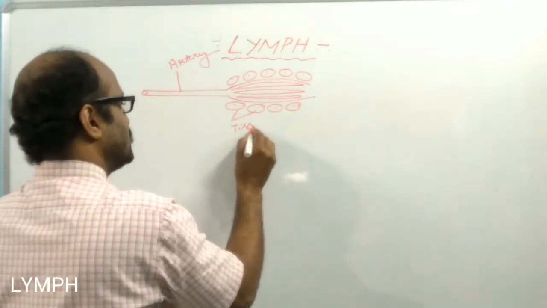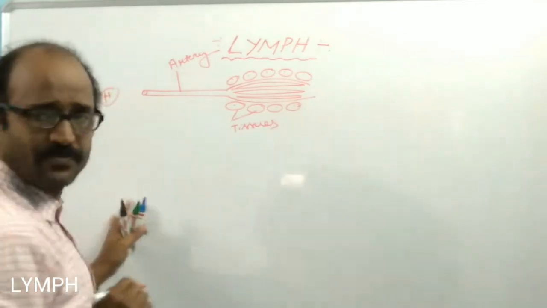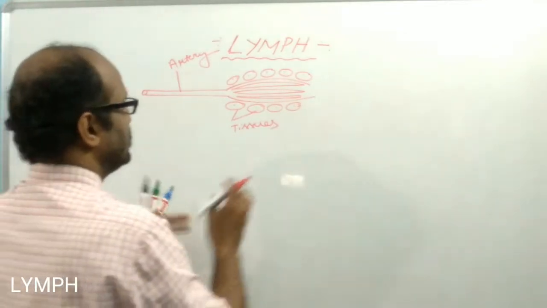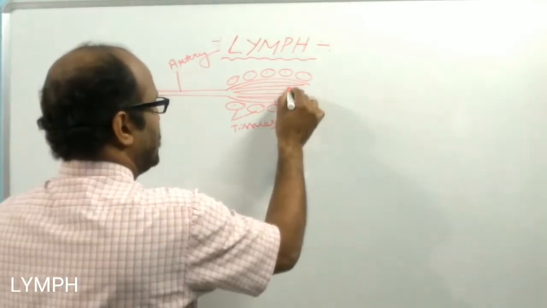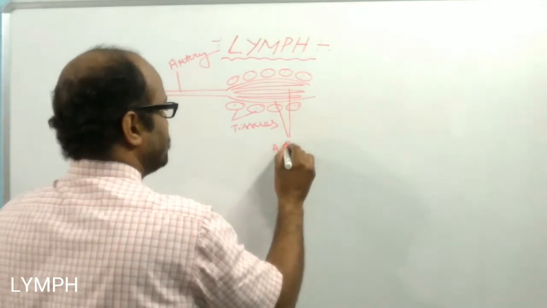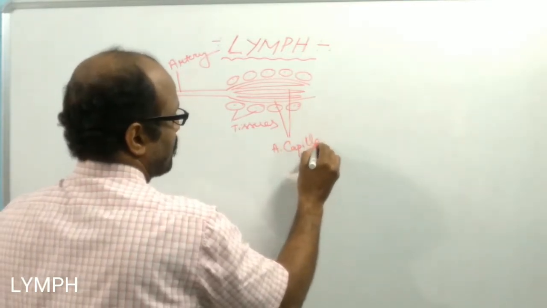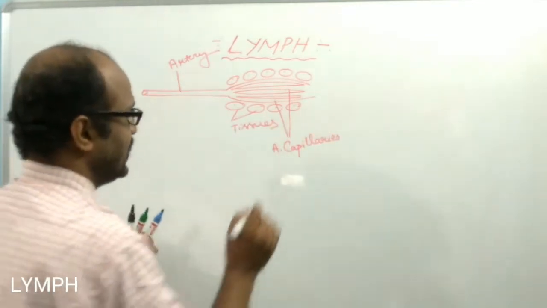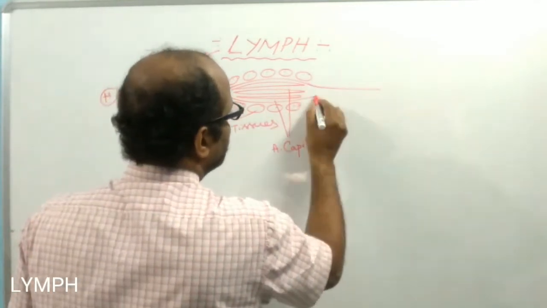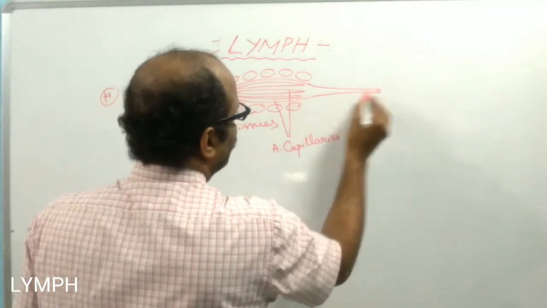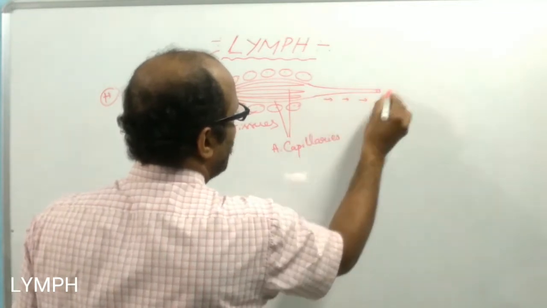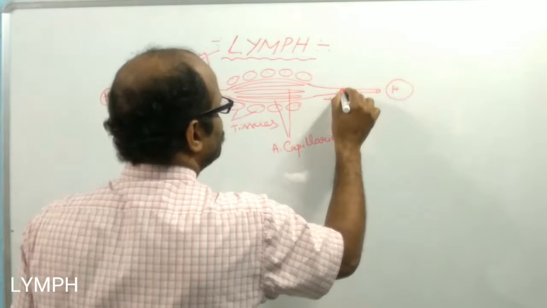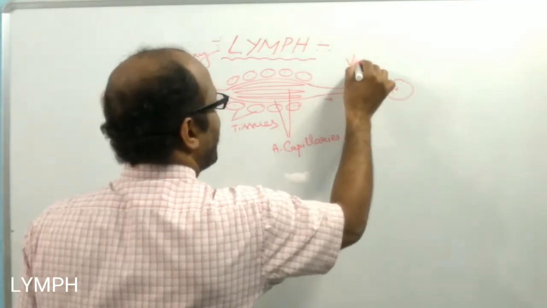These are the arterial capillaries. And the blood vessel which carries the blood from the tissue to the heart is known as a vein.